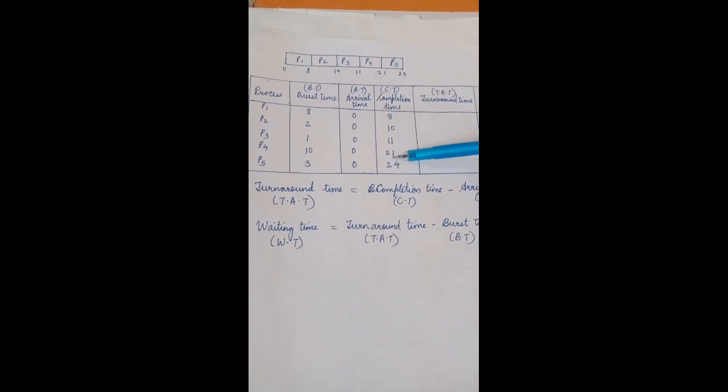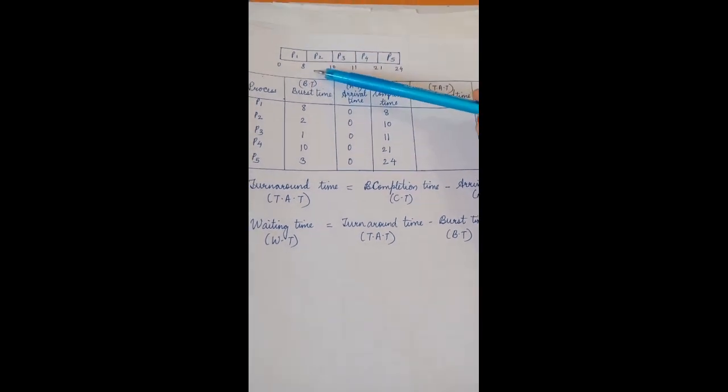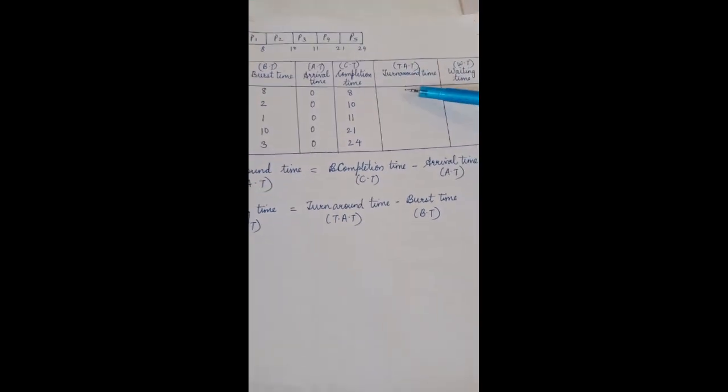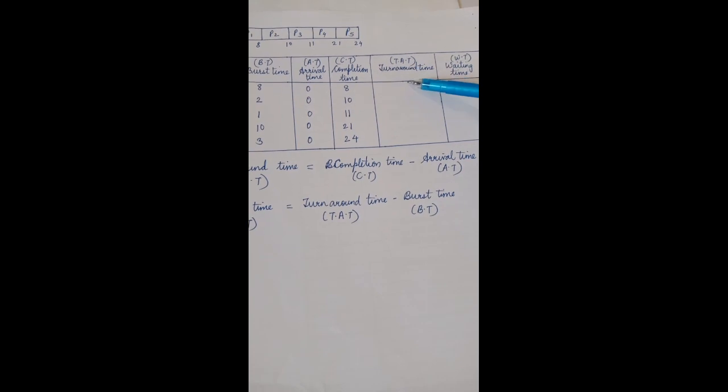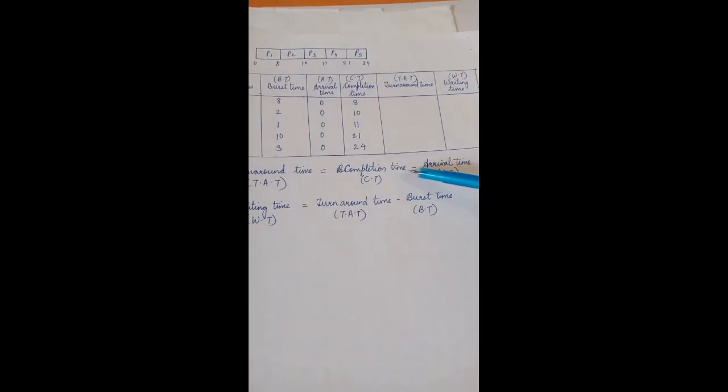Completion time for P2 is 10. For P3, 11. P4, 21. P5, 24. So to find completion time, we need to use the chart.